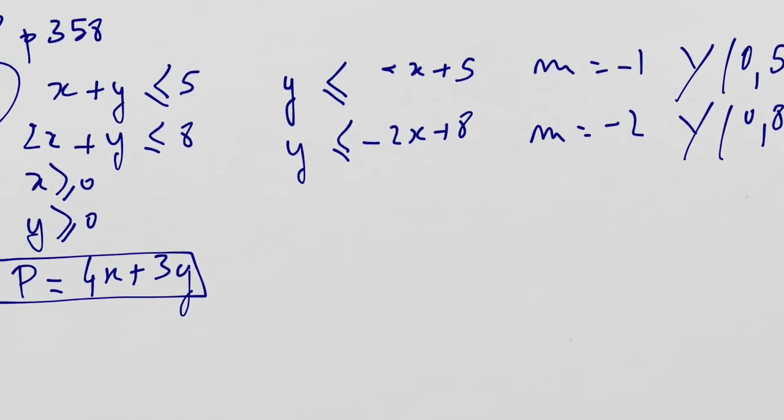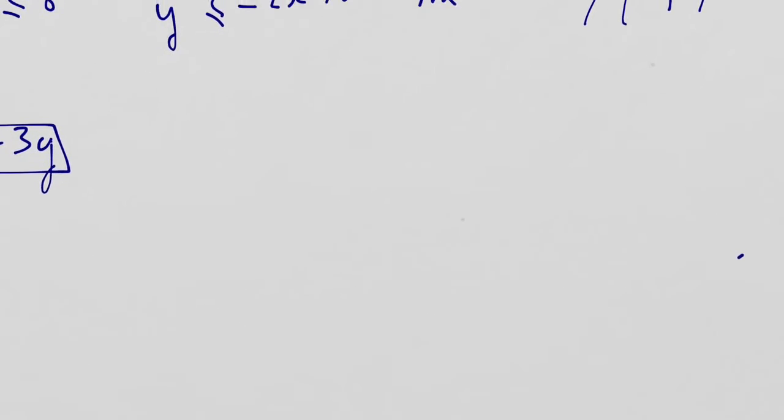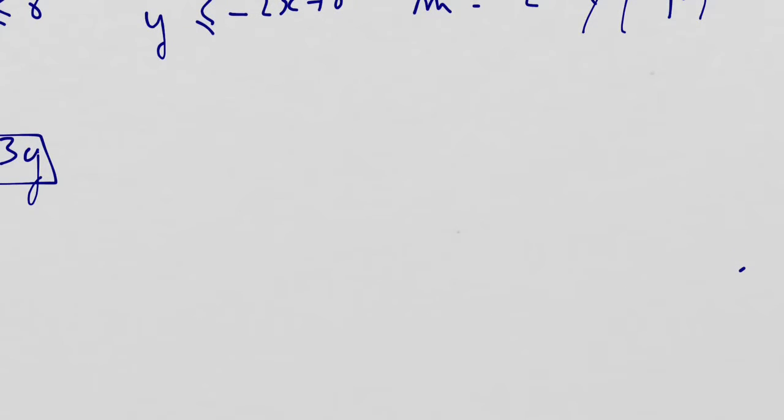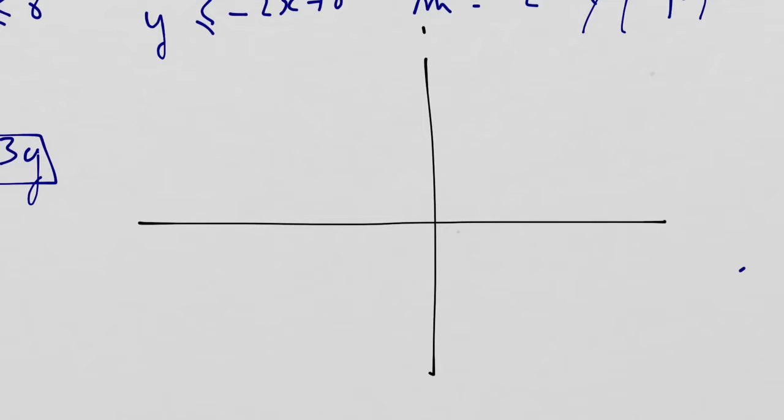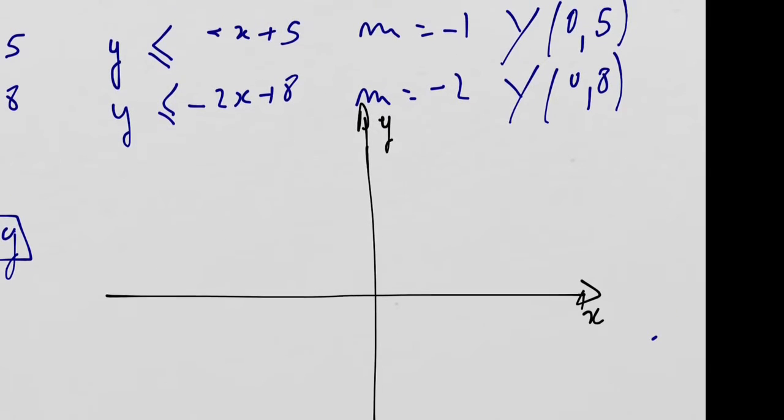So, you know what? Let's try to represent this graph right away. So, I got my y-axis and x-axis. And the first point I'm going to represent is the first intercept, 0, 5. So, let me take another color, here we go. So 1, 2, 3, 4, and 5.